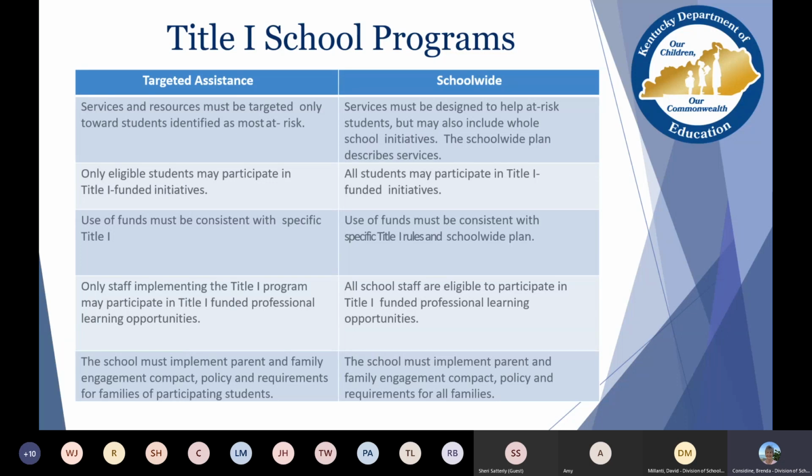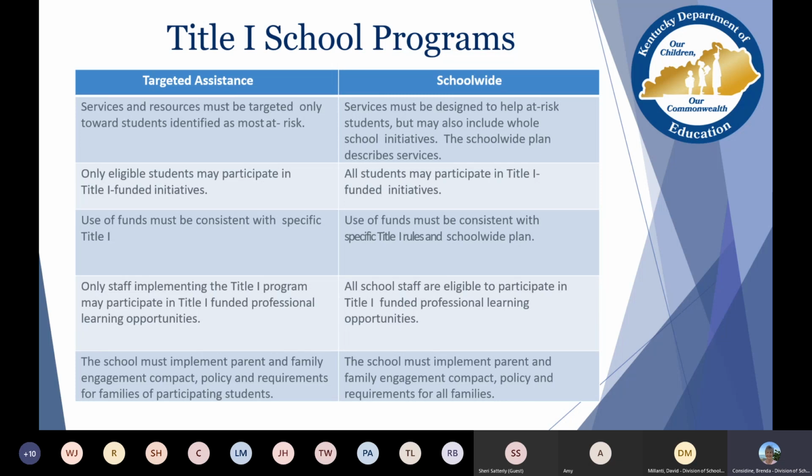The difference between targeted assistance and school-wide is the use of funds. For targeted assistance, the use of funds has to be consistent with specific Title I rules, and for a school-wide program, the use of funds must be consistent with specific Title I rules and the school-wide plan. As for staff, in targeted assistance only staff implementing the Title I program may participate, whereas in a school-wide program all school staff are eligible to participate in those professional learning opportunities.